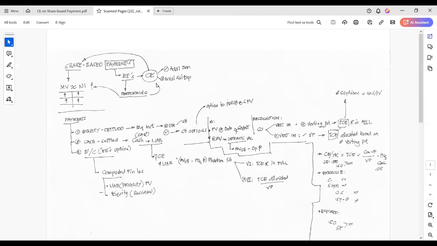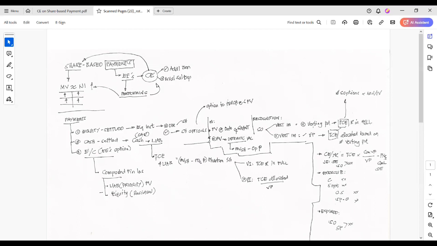Okay? Whenever that is vest immediately, the share options granted to the employee can be exercised by the employee at once because there is no service period to be made by the employee, and there is no obligation of the employee to perform at a certain period of time before exercising the share option.